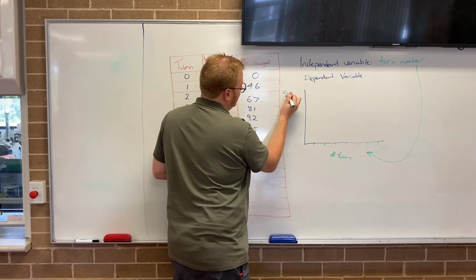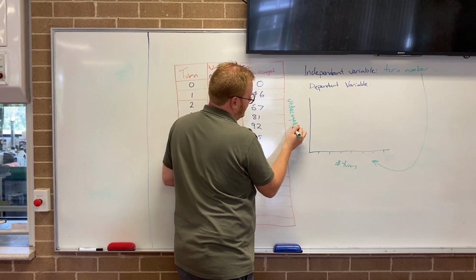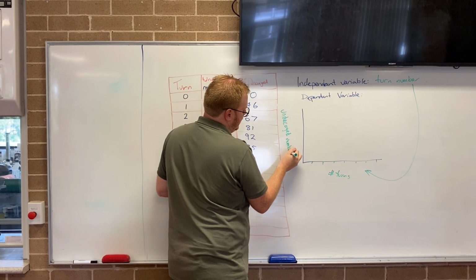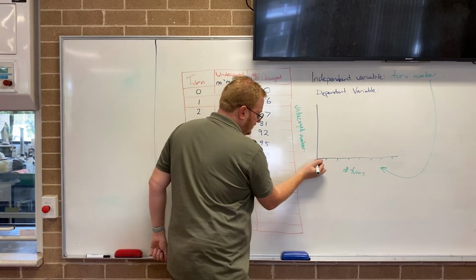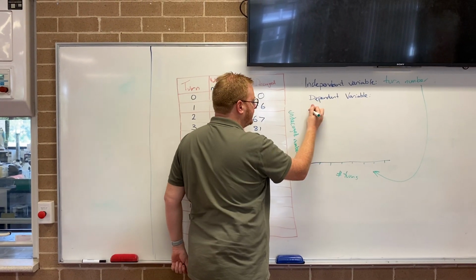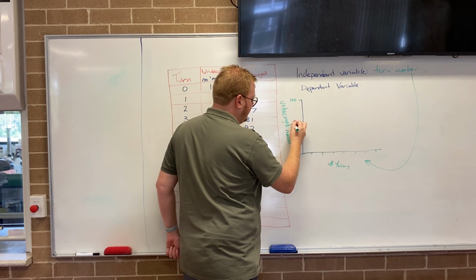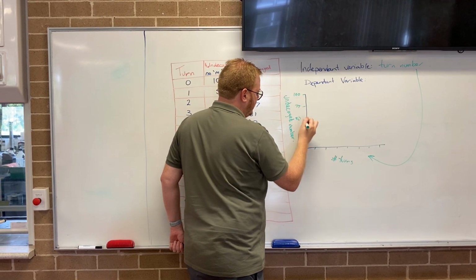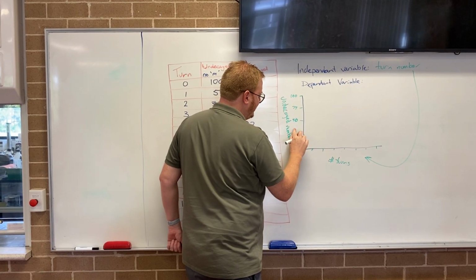I'll write that sideways as best I can. Undecayed number. And the range there is 100 through 0. 0 is going to be down here, 100 is going to be up here, and then divide it down. Oh, that's not 50, that's 50, that's 25.